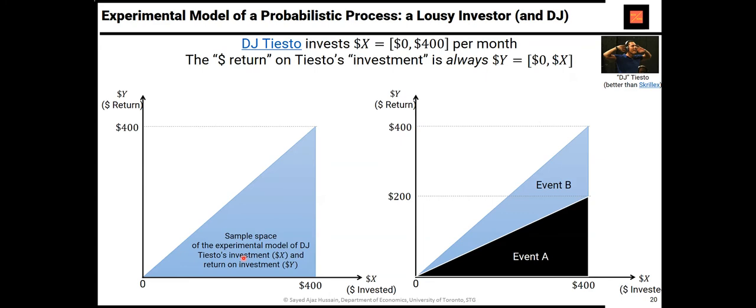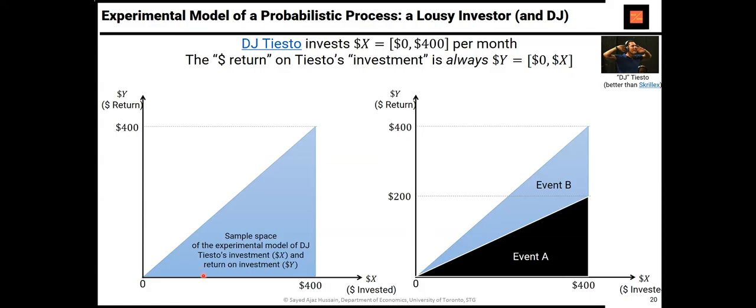Here's a different example. DJ Tiesto, who by the way sucks, is somebody who once a month withdraws anywhere from $0 to $400 from the bank machine. And his returns in dollars will never be more than what he invests.